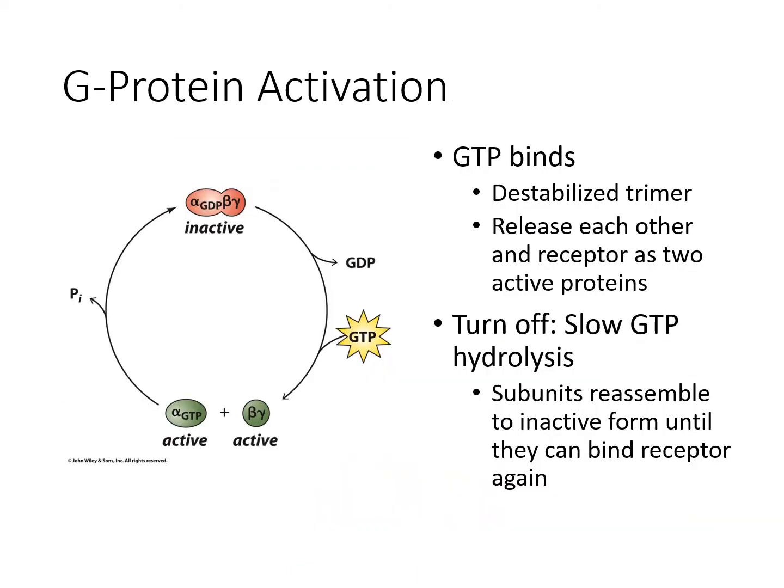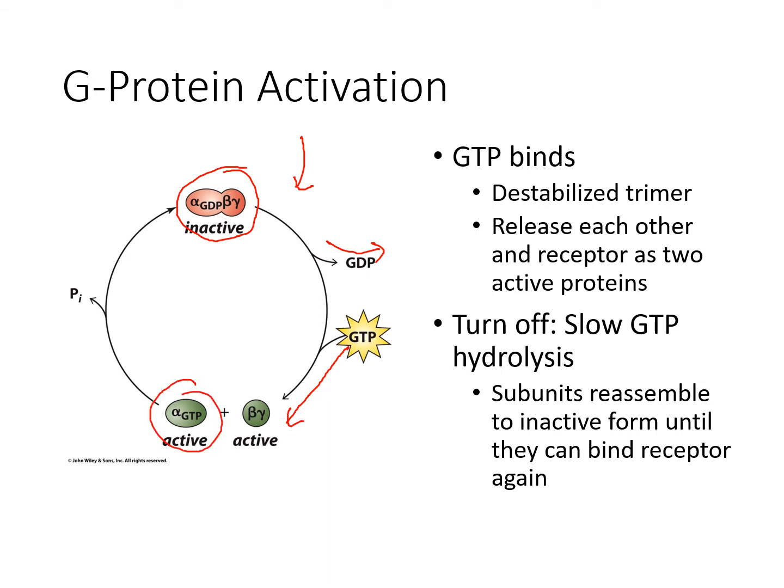Here is another diagram showing how this G protein complex, which has the alpha, beta, and gamma subunits, forms a complex when inactive. When the ligand binds to the receptor, this G protein complex will release the GDP and take up the GTP on the alpha subunit.